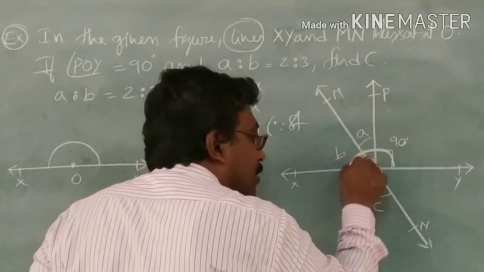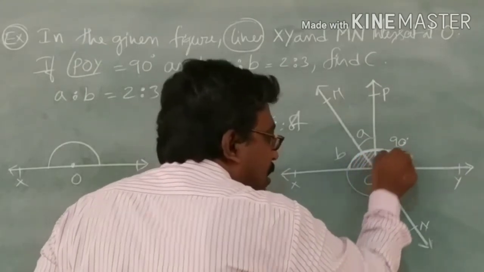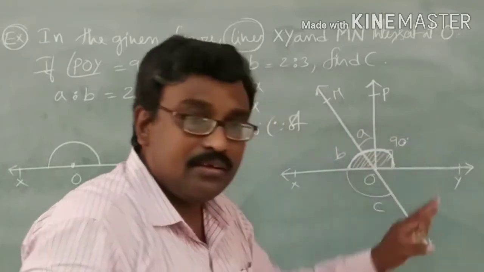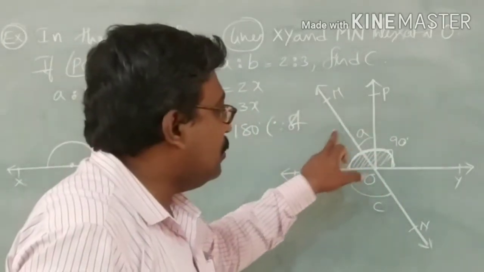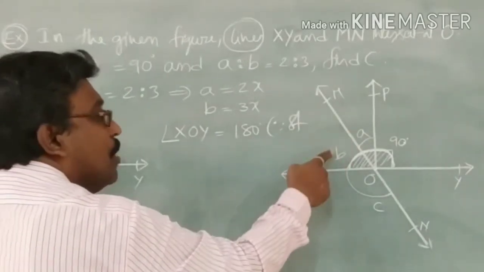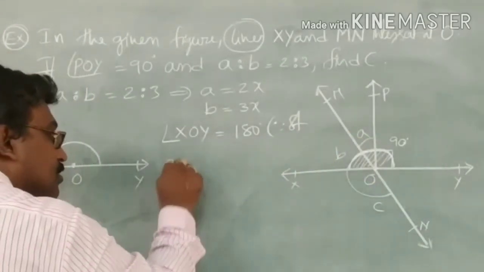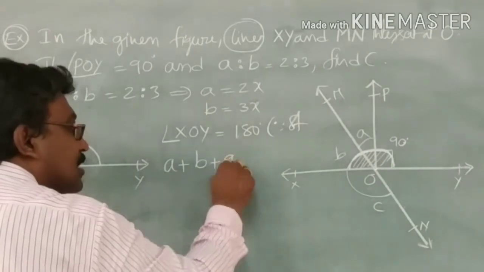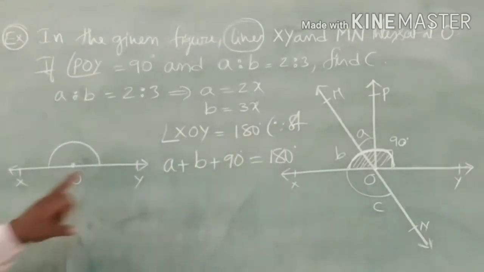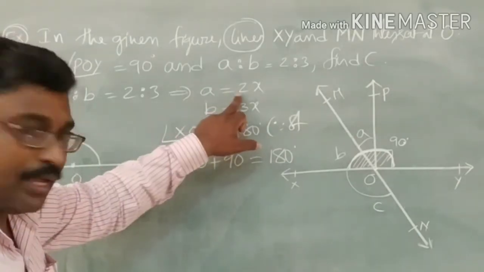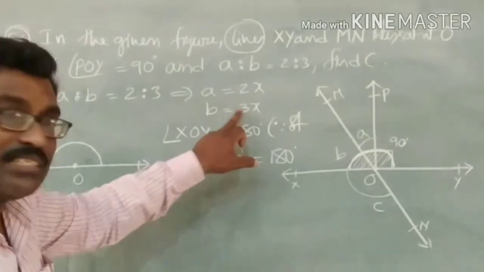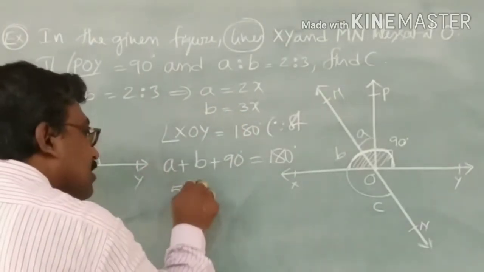XOY is nothing but this complete angle, which is a straight angle. This complete angle is divided into 3 parts: 1, 2, 3. What are the parts? A, B, 90. So A plus B plus 90 is equal to 180. What is the value of A? 2x. B, 3x. A plus B, 2x plus 3x, 5x.